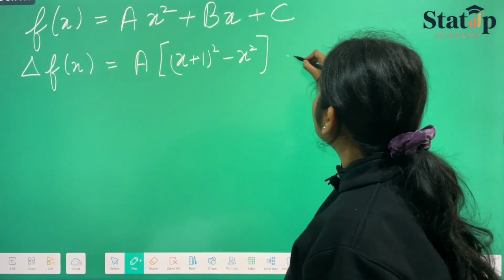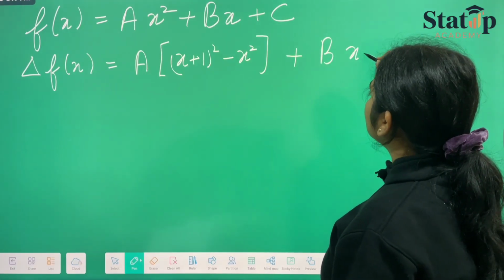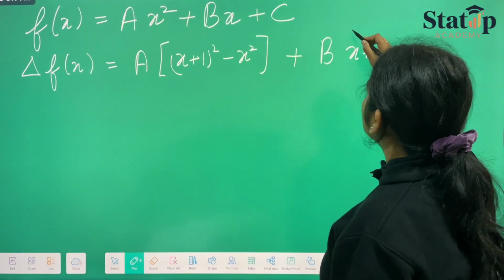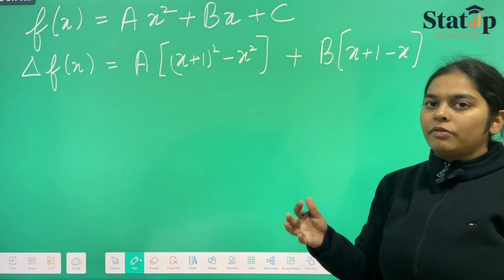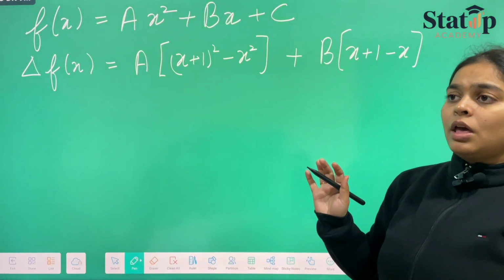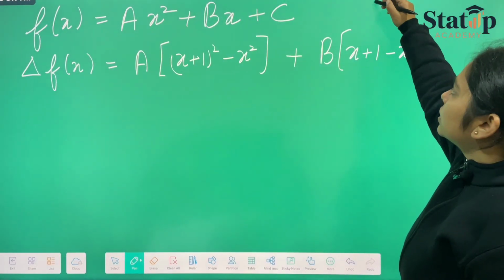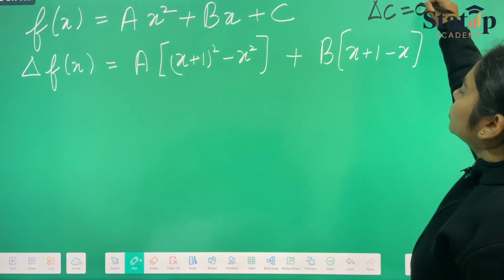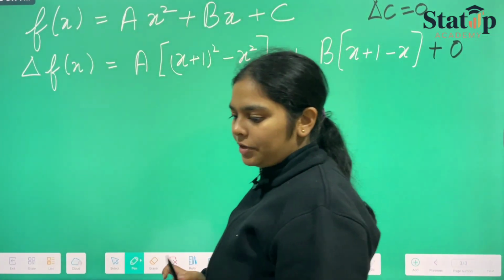Delta of bx will be b into delta of x, which is (x plus 1) minus x, and delta of c. I have told you in the forward lecture video in its formulas that delta of any constant is equal to 0. So delta of c will be equal to 0. That should be kept in mind.